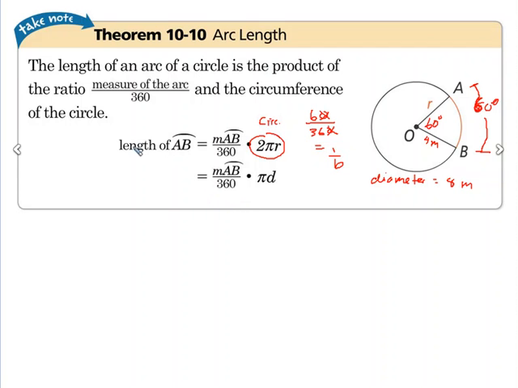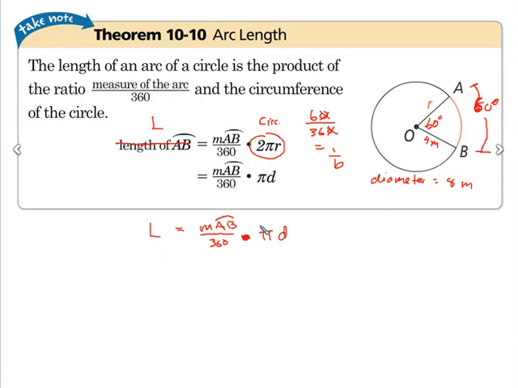In the rest of these examples today, I'm going to abbreviate the length of the arc with the letter L. They've got it written as L equals the measure of arc AB divided by 360 times the circumference, 2 pi r or pi d. I'm just going to always use pi d, because if we're given the radius, I'll just double it and find the diameter.